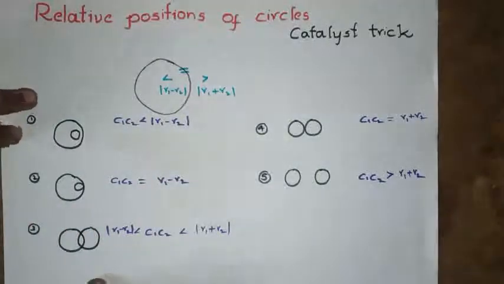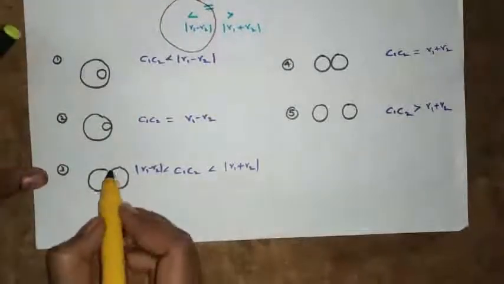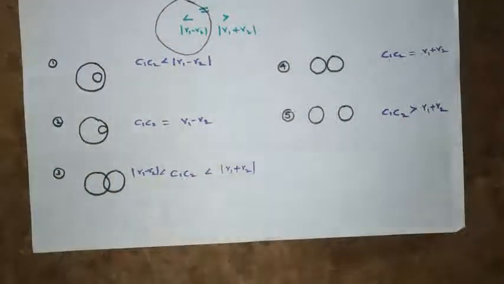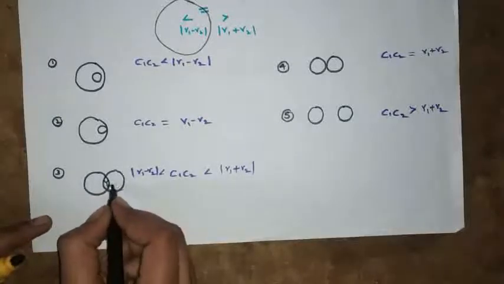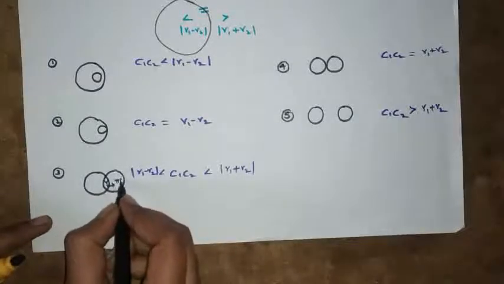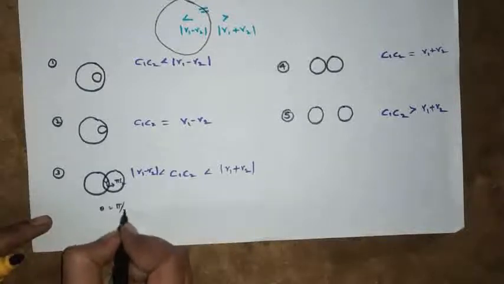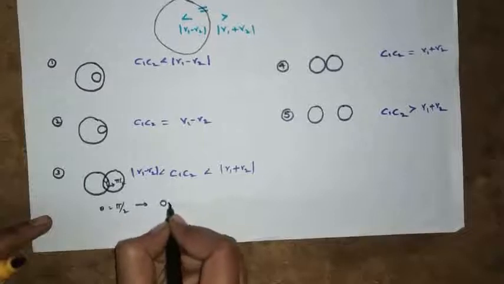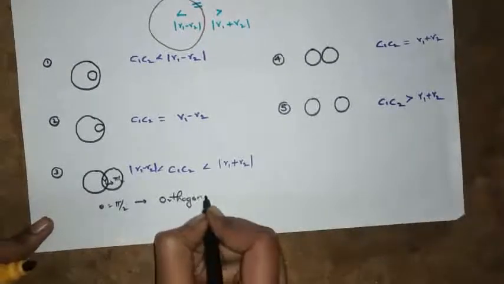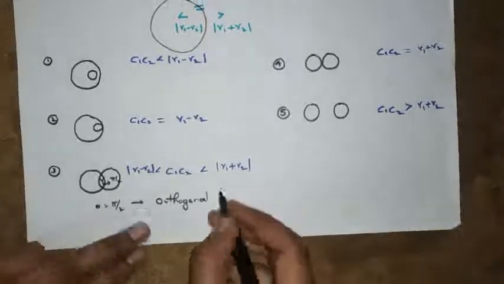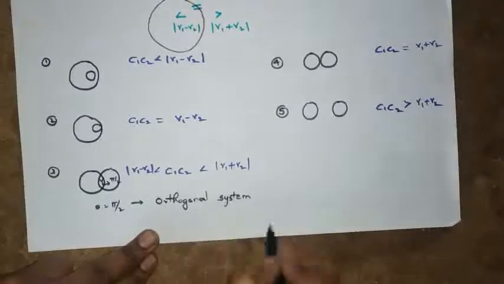And I want to tell you one thing. See, suppose the angle between them is 90 degrees, if theta is 90 degrees, then they are called orthogonal circles. Okay? It will come under system of circles, but we will do questions on this also.